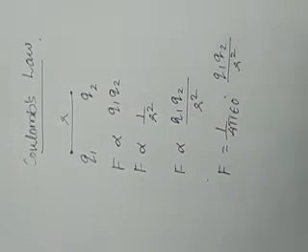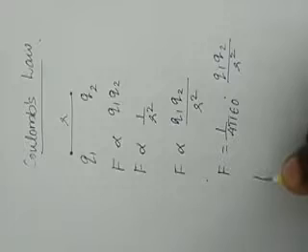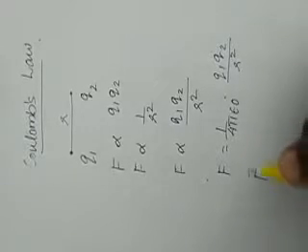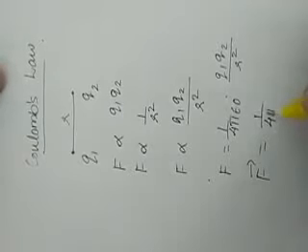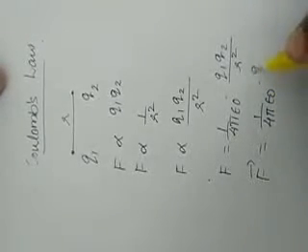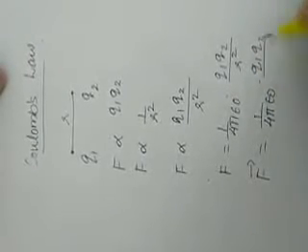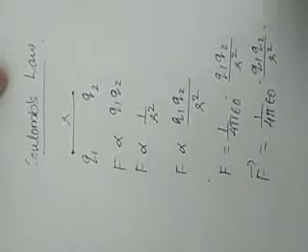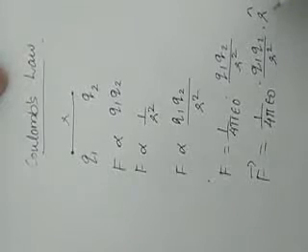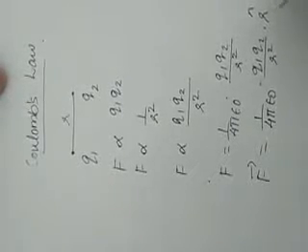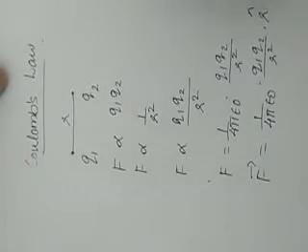So in vector form, this force can be written as vector F equals 1 by 4 pi epsilon 0 into Q1 Q2 by r square into r cap, where r cap is a unit vector which gives the direction of the force.